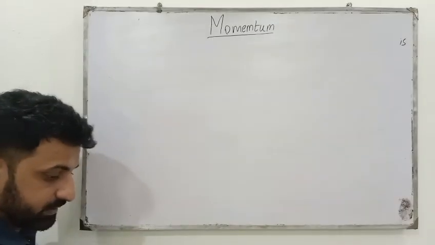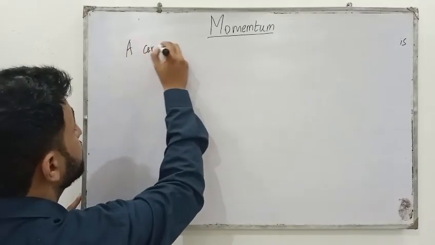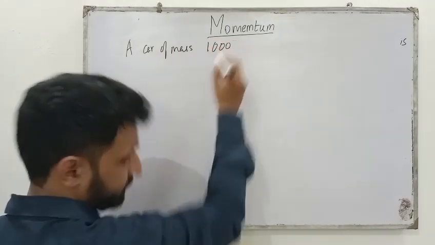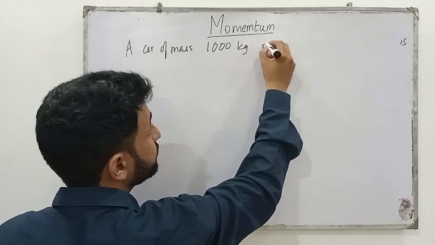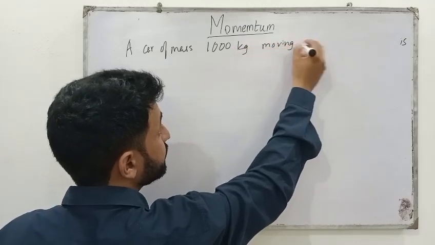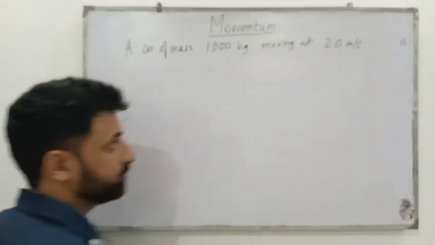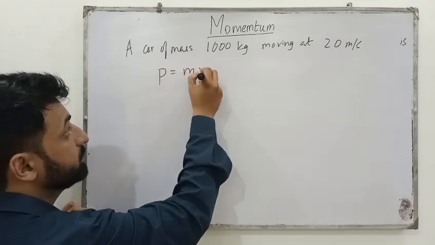The first question has a car of mass 1000 kg moving at 20 meter per second. So what is the momentum? So P is equal to m into v.